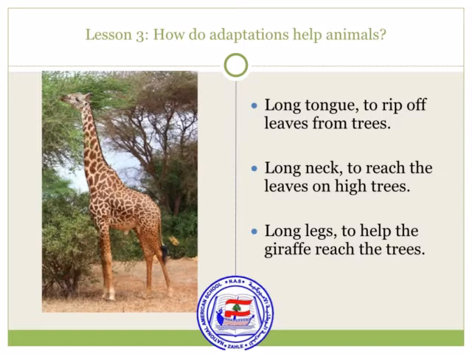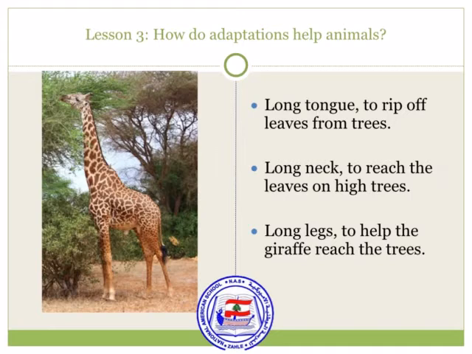Now let's look together in the following slides at some examples of animals and their adaptations that help them stay alive in their environments. The first example is the giraffe. If you look at the picture in front of you, you can see that a giraffe has a long neck which enables it to reach the leaves which are on high trees.